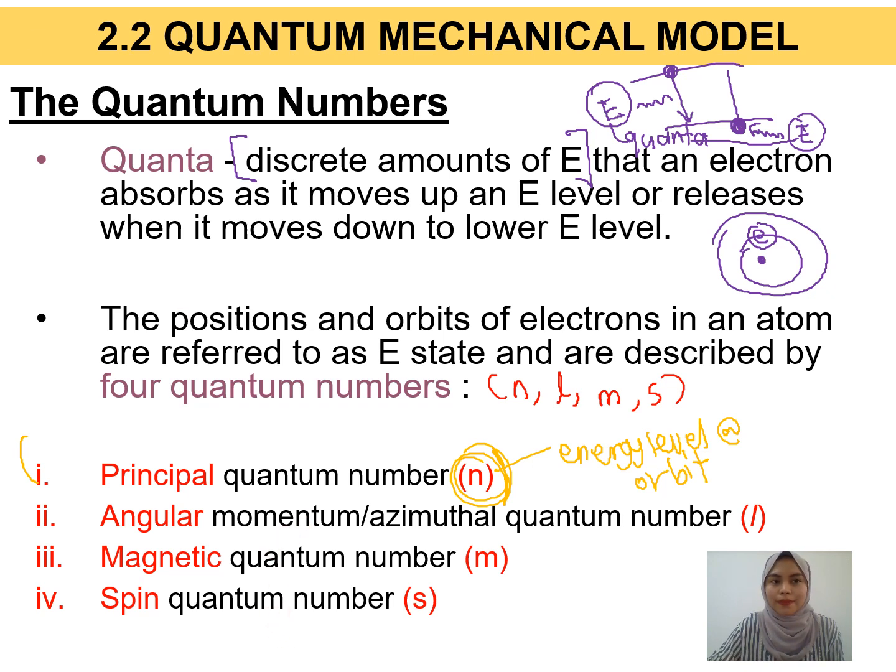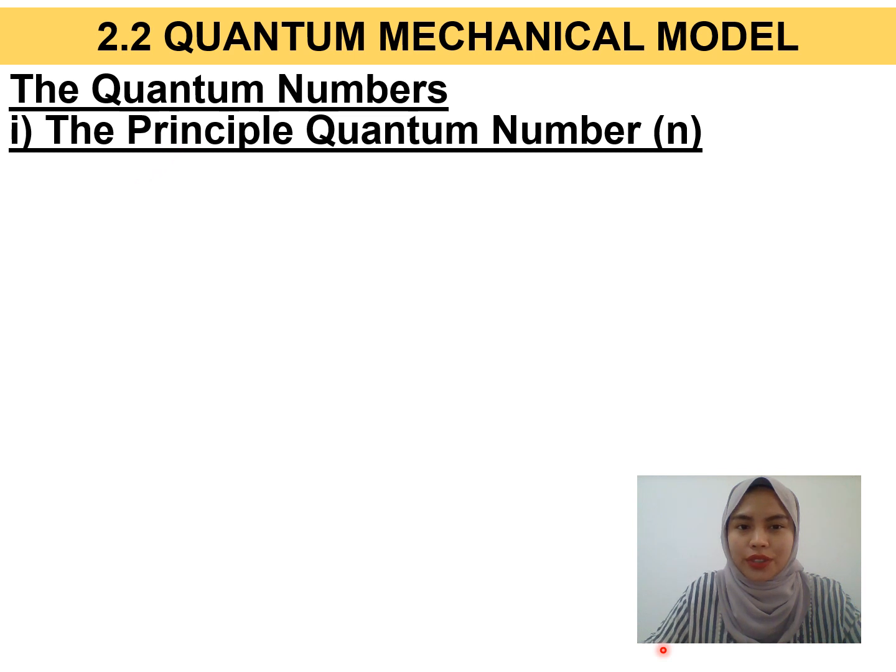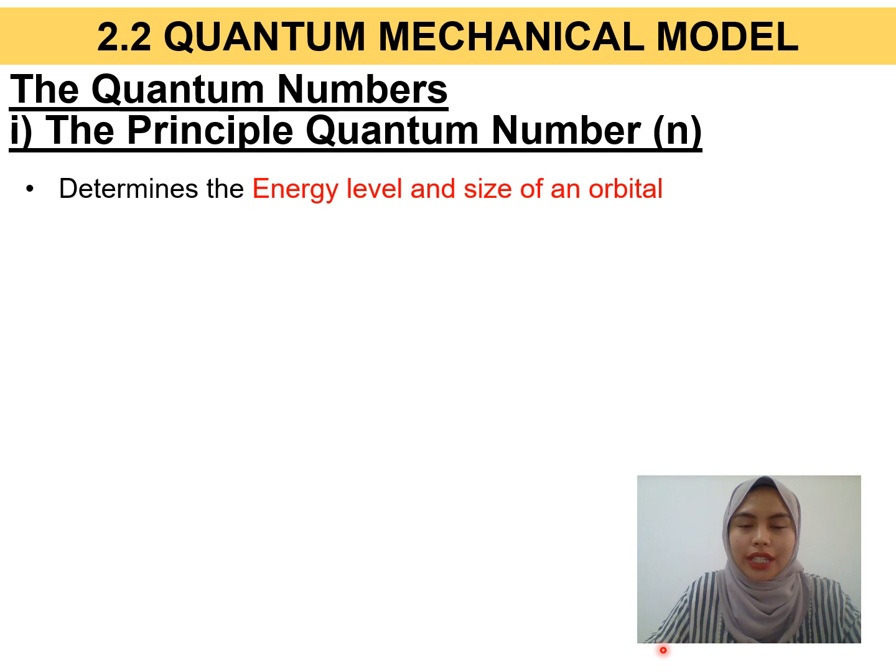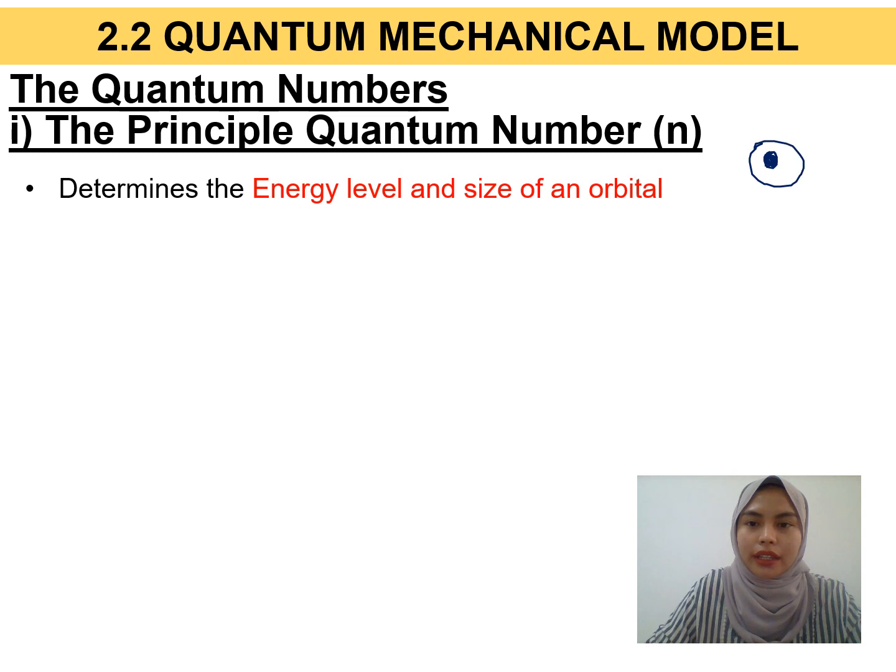Alright. First of all, let's go through the first kind of quantum number, which is the principal quantum number, N. Okay, we have met this before. N is the energy level and size of an orbital. So if you have a hydrogen atom, this is the nucleus and there are orbits surrounding the nucleus. Each orbit has its own energy level.